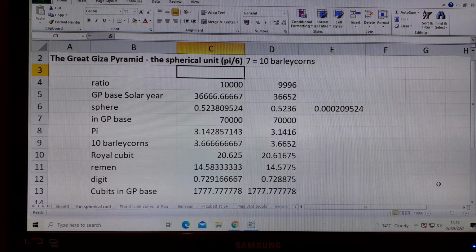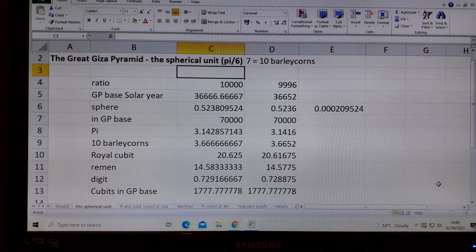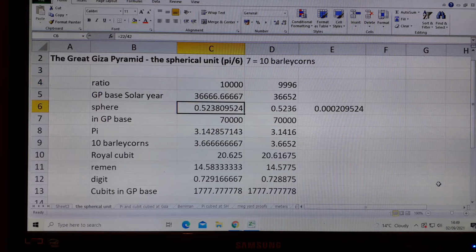And this unit is a sphere, and the sphere in the 1 inch cube is pi divided by 6, and that at the Great Giza Pyramid is represented by 22 divided by 42 when pi is 22/7. So this is the base 100 version of the sphere, and it's here. That's it.